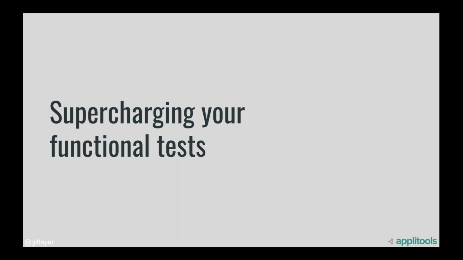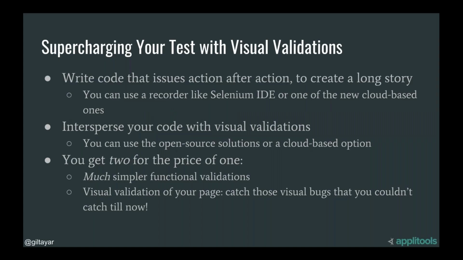And we saw a way to solve that using visual validations, either through open source pixel-based tools or through cloud-based solutions, some of which use human validations, such as Applitools Eyes.